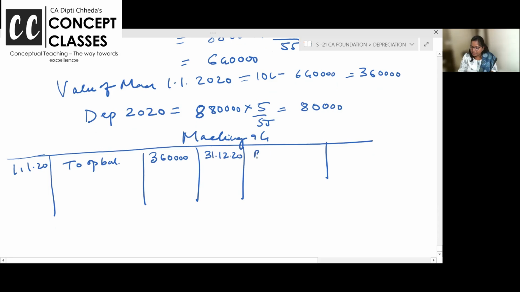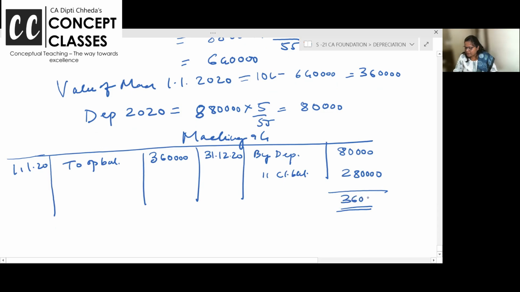On 31st December 2020, by depreciation you charge 80,000 and then you get closing balance 280. Closing balance 280. Clear to all of you?